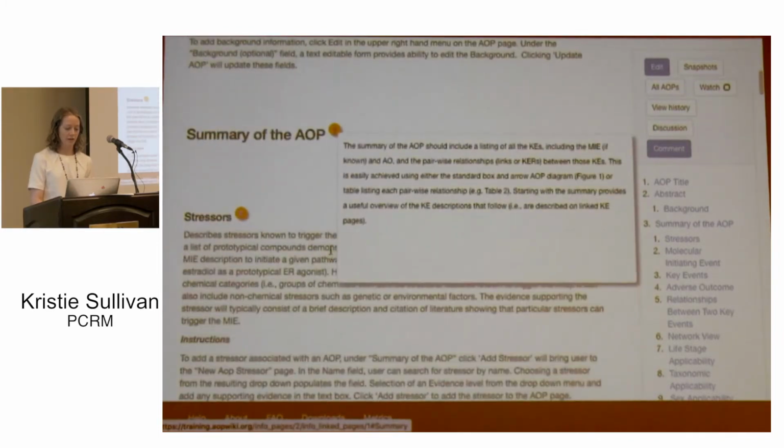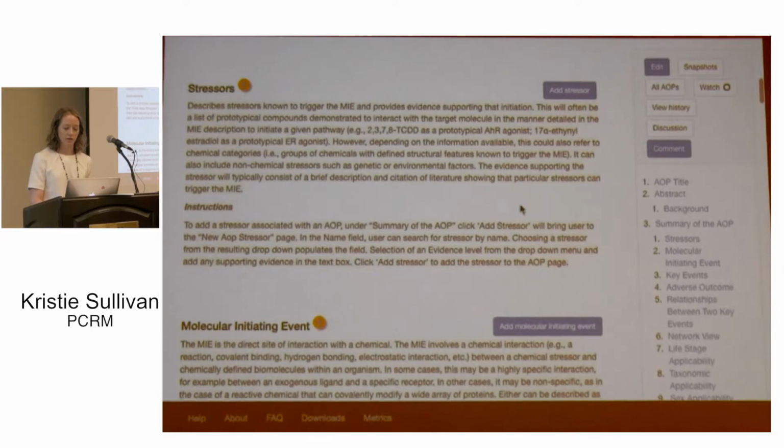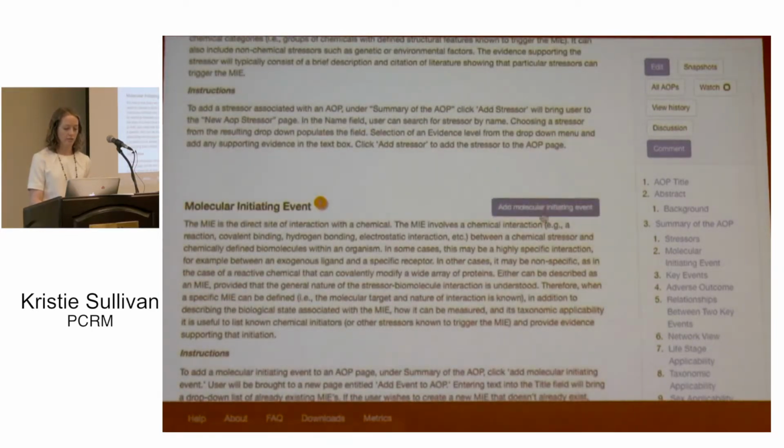Once you come down to being able to add stressors, you'll just click these buttons. What I really like about this is that the developers have taken a lot of time to go through and give detailed instructions. All this orange text is detailed instructions and considerations while you're building your AOP.